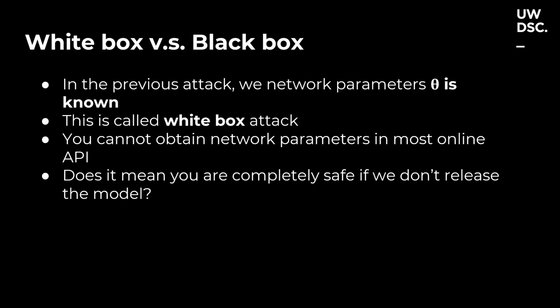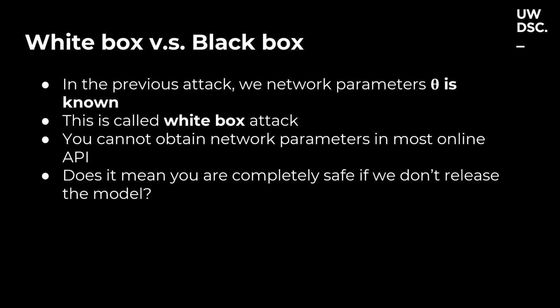So there are two types of attacks. One is called a white box attack, and the other one is called a black box attack. In the previous attack, we know the parameters of our network, and this is called a white box attack. However, for most APIs, you won't be able to obtain the weights or even the training data.